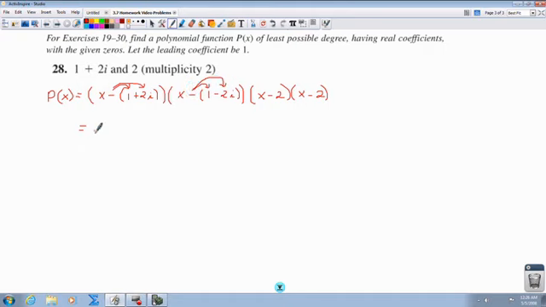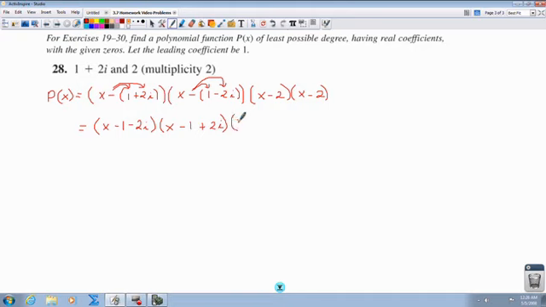So we have x minus 1 minus 2i times x minus 1 plus 2i.